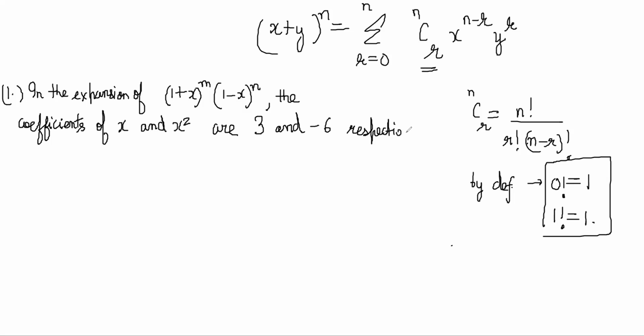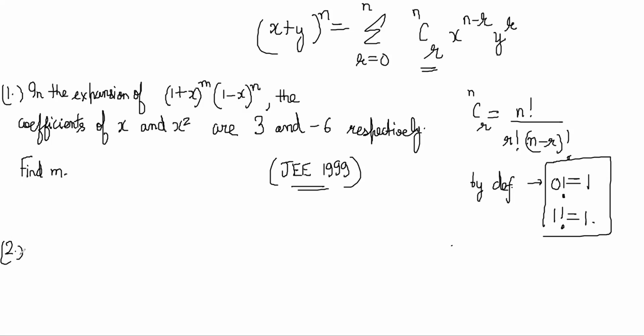Coefficients are the numbers accompanying the terms. You have to find the value of m. This is the actual JEE 1999 question. It's an objective question, 2 marks.